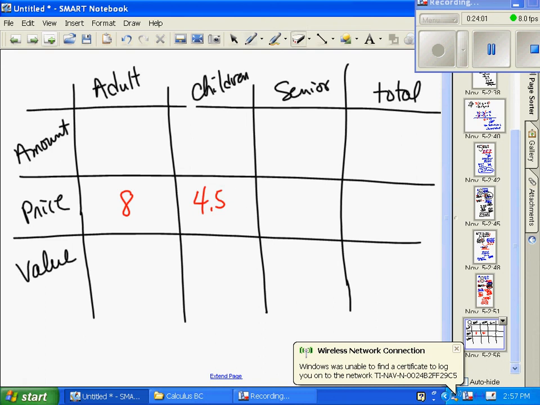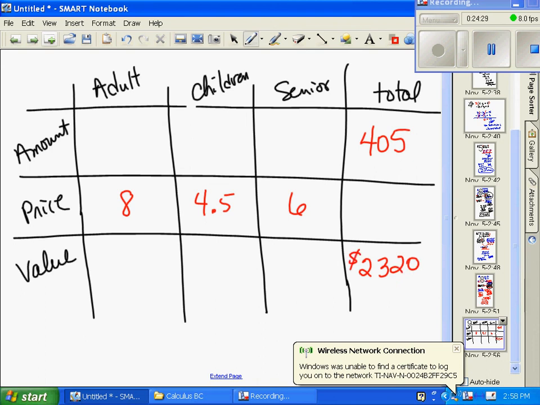I'm just going to put 4.5 instead of 4.50. And senior citizens are at 6. One day the theater sold 405 tickets, so that would be my total amount, 405 tickets. And I collected $23.20, so that would be my total value, $23.20. Okay?